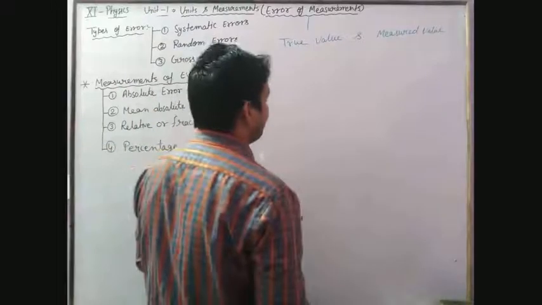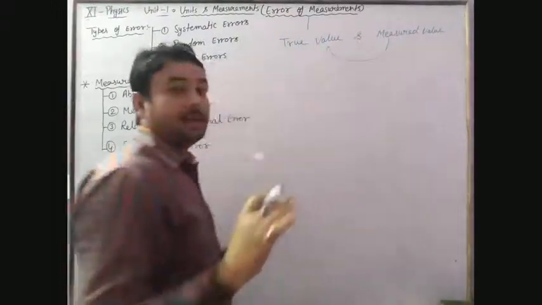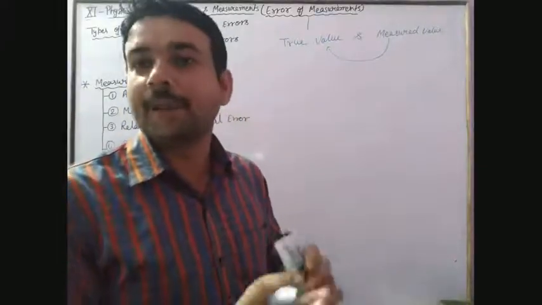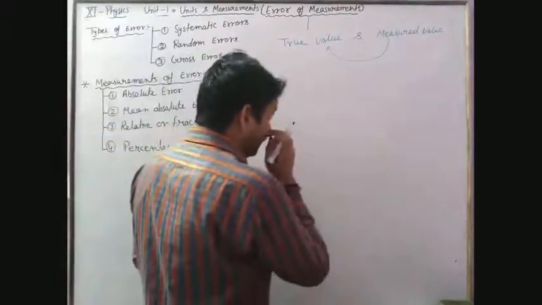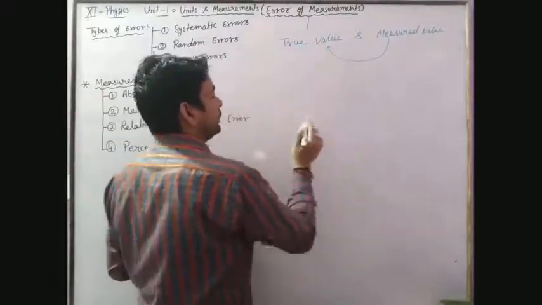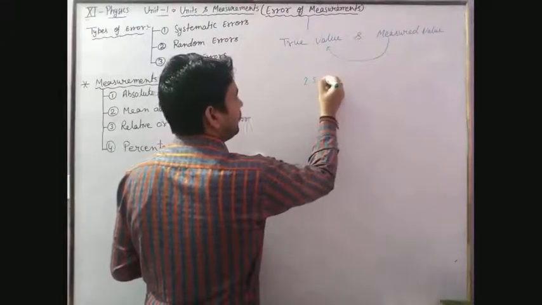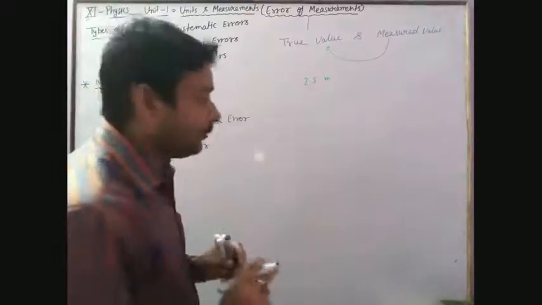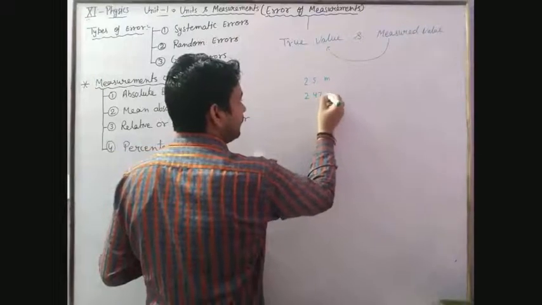Most of the time, it is observed that the measured value is near to the true value but not exactly the same. For example, one person can measure the length of a thread as 2.5 meter. Another can measure it as 2.47 meter.